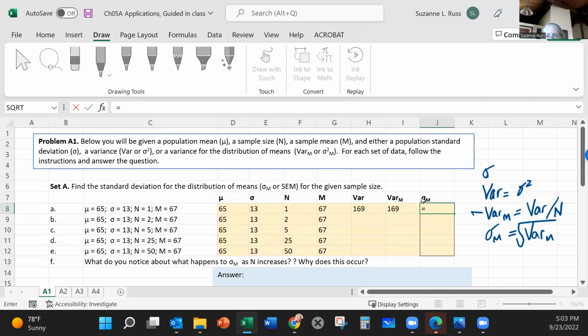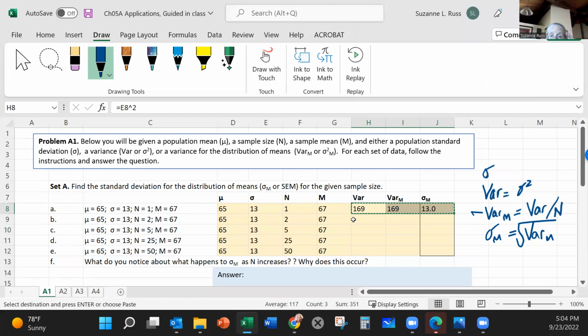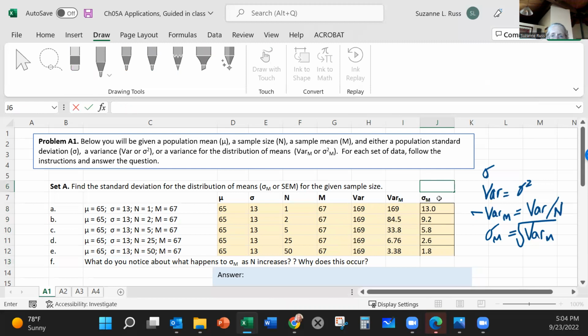So we'll type in SQRT for square root, and then in parentheses, click in the cell with the variance of the distribution of means. And there we go. Now, to save myself time, I'm actually going to copy this and paste it down. And now we can see that we have all of these answers provided for the standard deviation for the distribution of means.